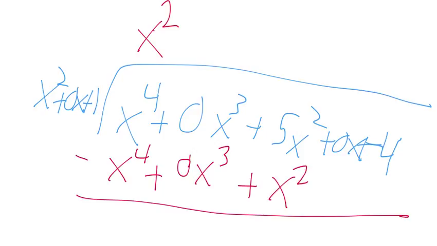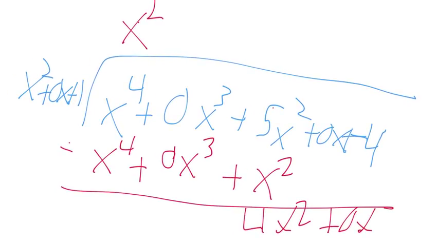Subtract all of that. You have 5x squared minus x squared, which is 4x squared, plus 0x, and then plus 4.